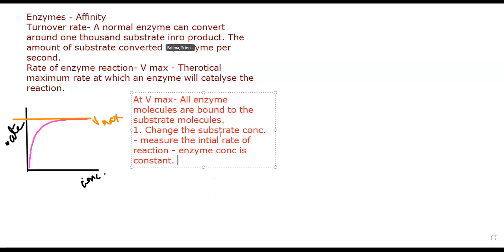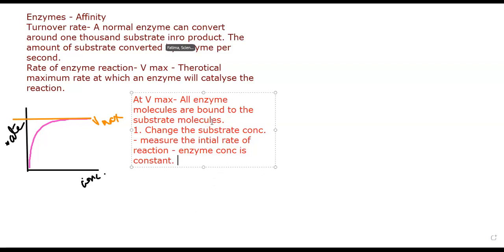This enzyme concentration is one of your control variables. That is also important because when you are doing your practical questions, you have to make sure that only the independent variable is changing.